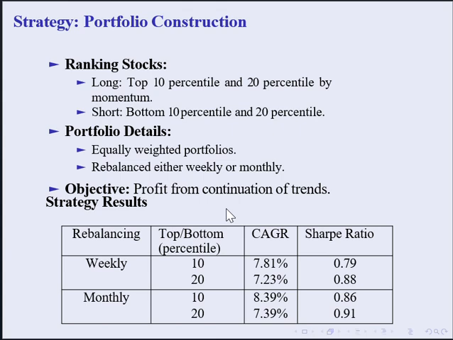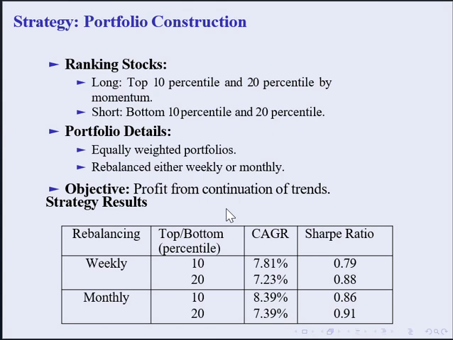You can clearly see in the table that weekly rebalancing with 10% and 20% long short portfolio is showing much lower results than monthly rebalancing.